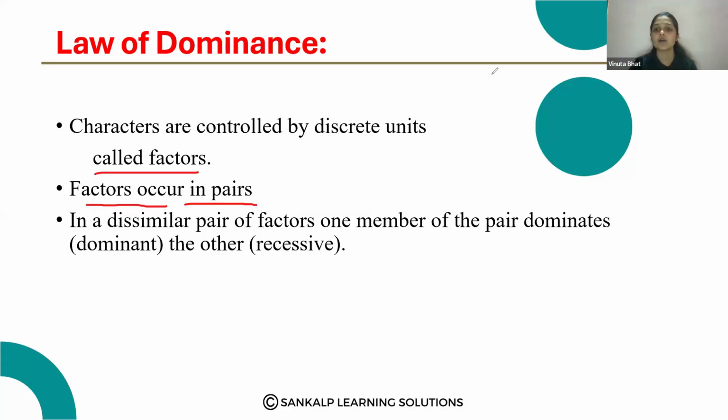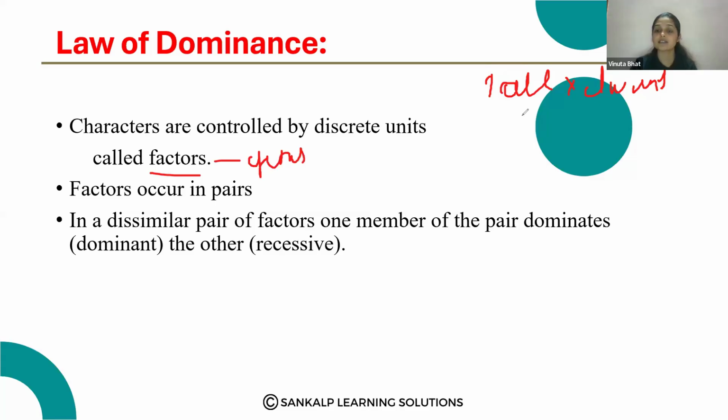The characters, for example the tall character or the dwarf character, are controlled by discrete units, which he named factors. Now they are called genes.